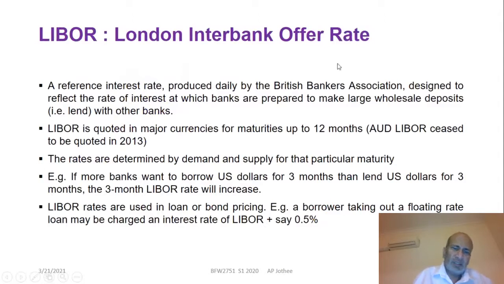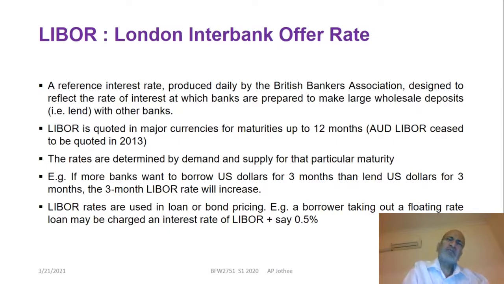Okay, let us have a look at what is meant by LIBOR. I say it so much. London Interbank Offer Rate is the main reference rate for international currencies. Of course, there are many interbank offer rates: in Paris it is PIBOR, in Singapore it is SIBOR, in KL it is KLIBOR, and so on.